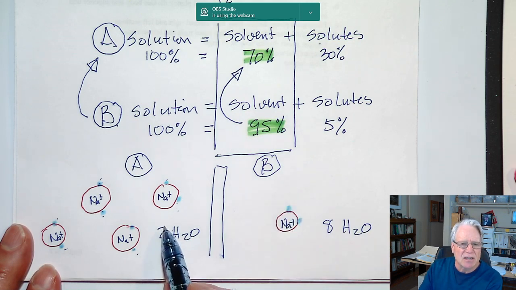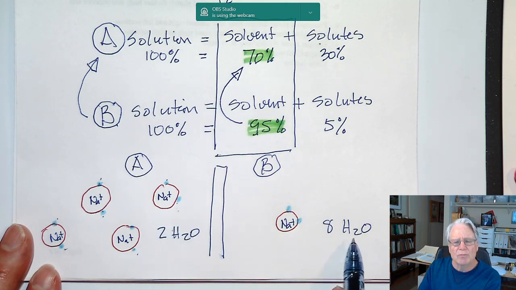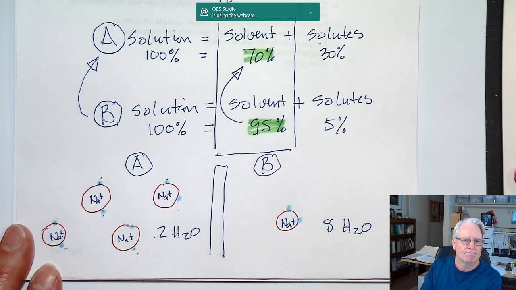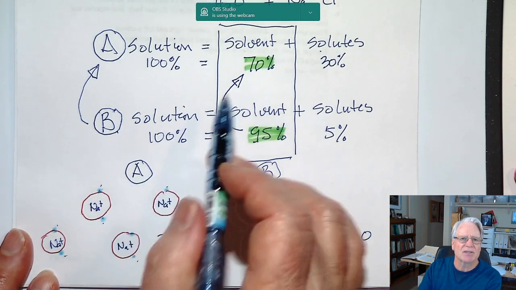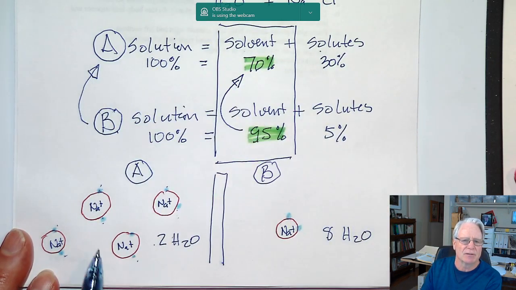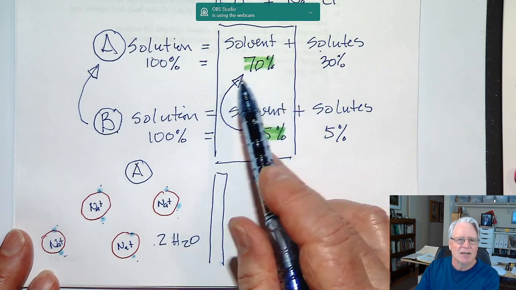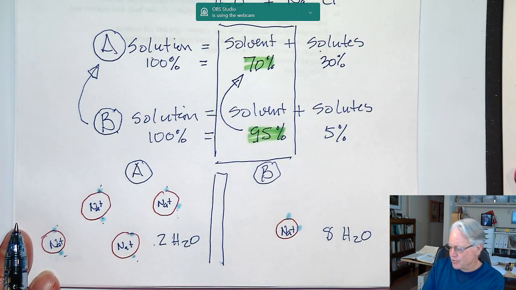And as you can see, there is less water bound up over here and more water not bound up over here. So I have a greater concentration of water on this side than I do on that side. That's expressed in these percentages that you see here. So this is why this happens. This is how you analyze and find the difference in concentrations.